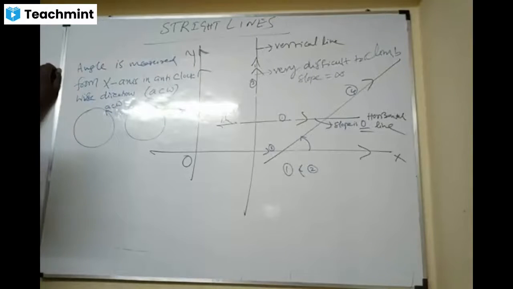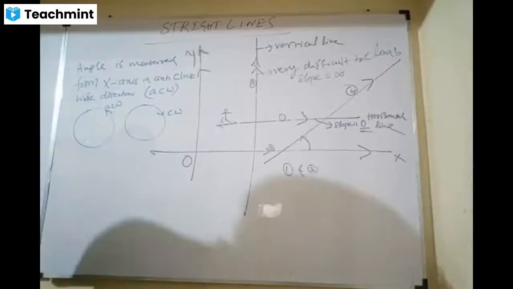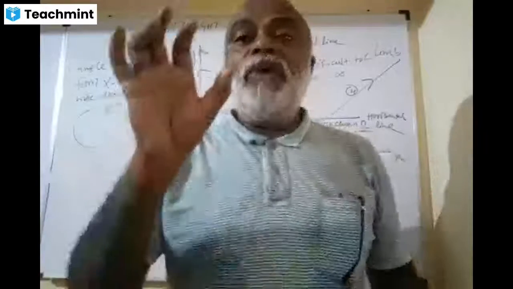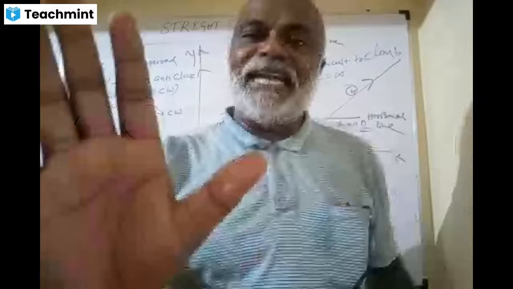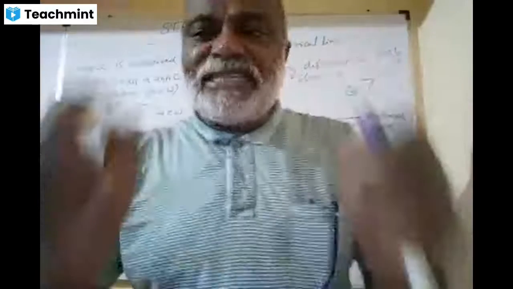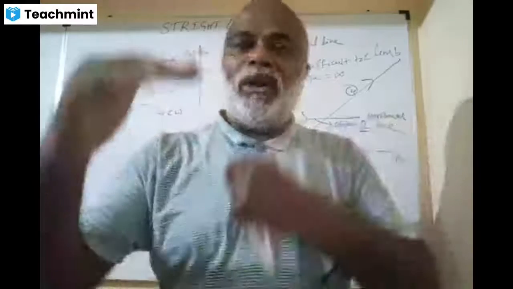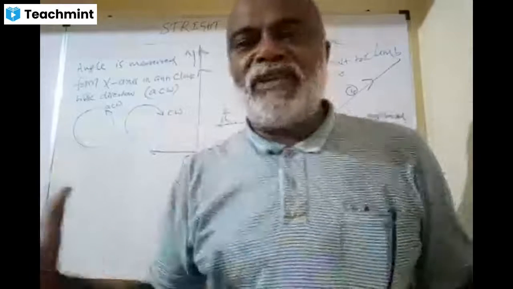I hope it is clear. Clockwise and anti-clockwise markers. Friends, why are we doing like that? Because we have to follow one convention so that when I say 45 degrees, everybody will understand that it is 45 degrees measured anti-clockwise. It is a mere convention, nothing else. We have to follow one rule. I can't follow one rule and somebody else another, then the whole confusion will start.